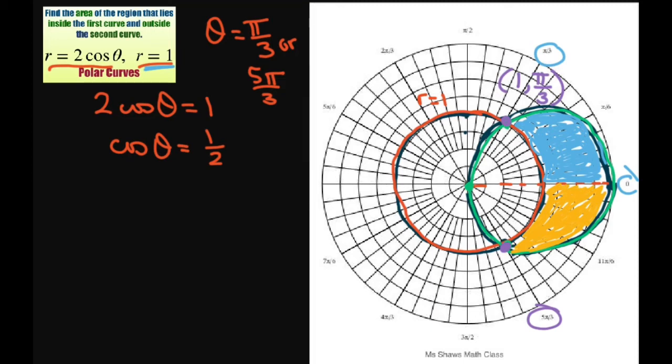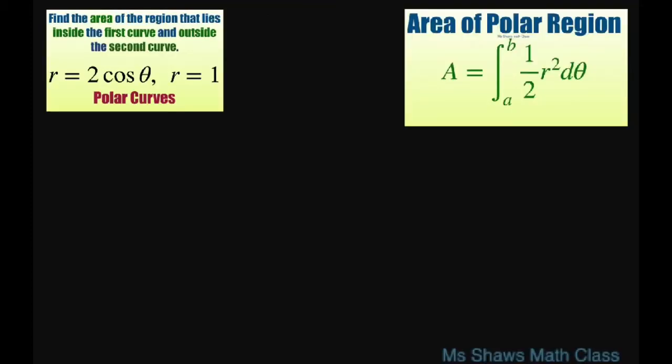All right, so let's do that, and we're going to integrate using this formula. The area equals 2, because we're going to multiply by 2, times the integral from 0 to pi divided by 3.